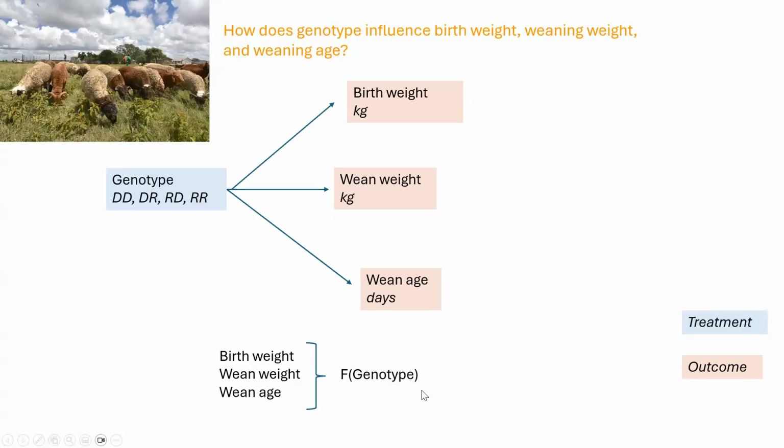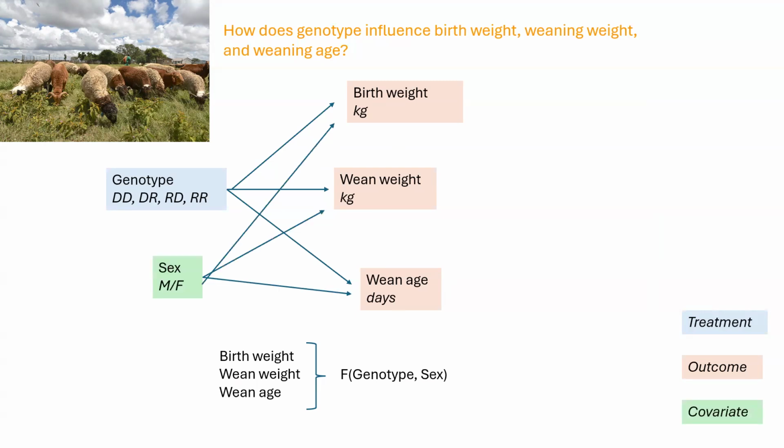So I can express this as a function. Birth weight, wean weight, and wean age, these three outcomes, can be expressed as a function of genotype. But if we think it through with our science brains a little bit, we might realize that there are other variables besides genotype that are going to affect these outcomes. There is the sex of the lamb, which is independent from genotype.